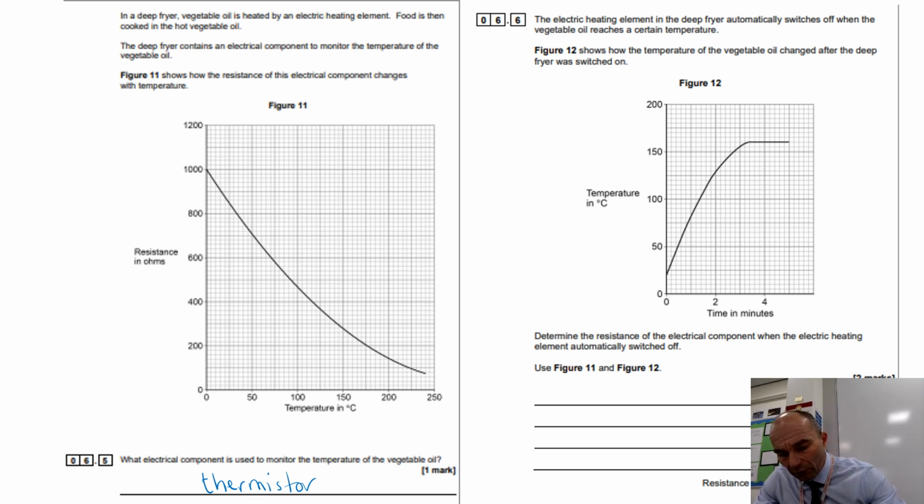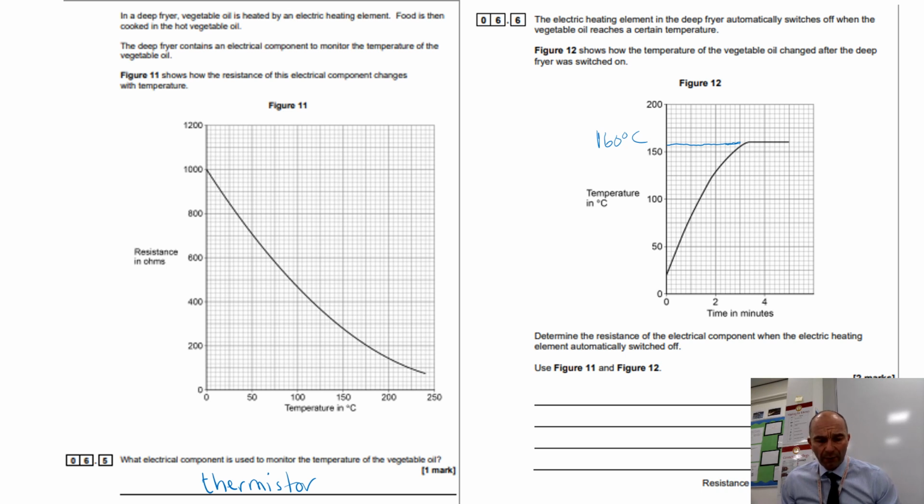Now, if we look at the temperature of the oil, where it goes flat is clearly where our fryer turns itself off. If you look carefully at the axes, you've got a temperature of 160 degrees centigrade. So that's the temperature that the machine turns off.